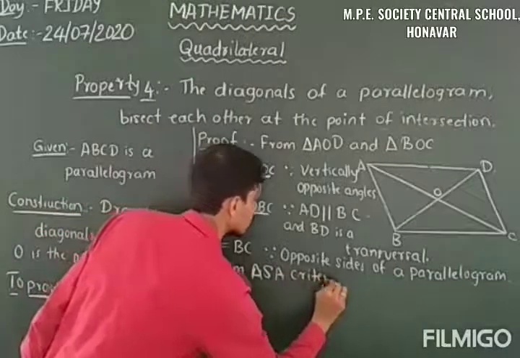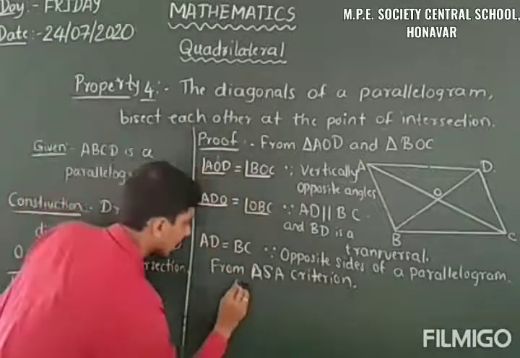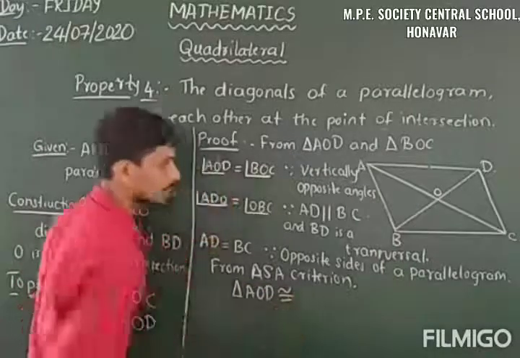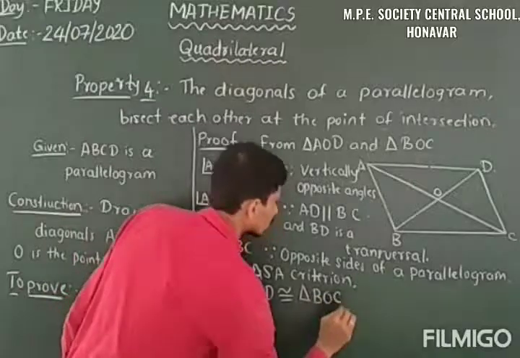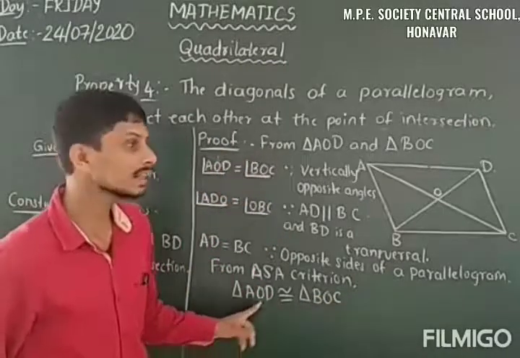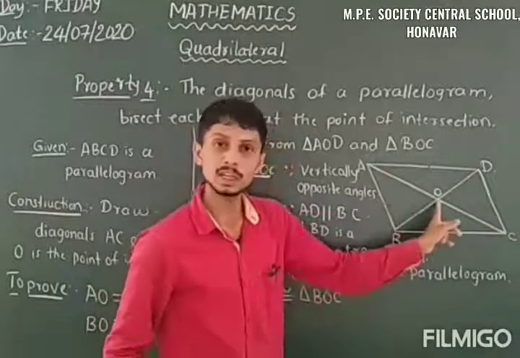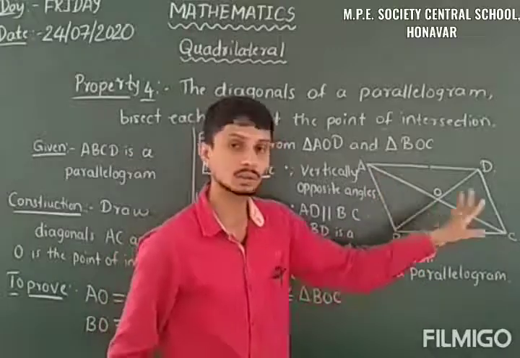criterion, triangle AOD is congruent to triangle BOC. So we have to say that OD is equal to OB. Both the corresponding sides are equal, and here AO is equal to OC.